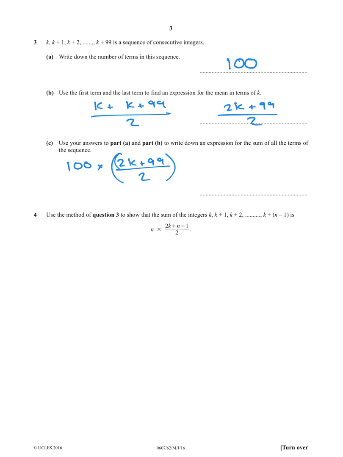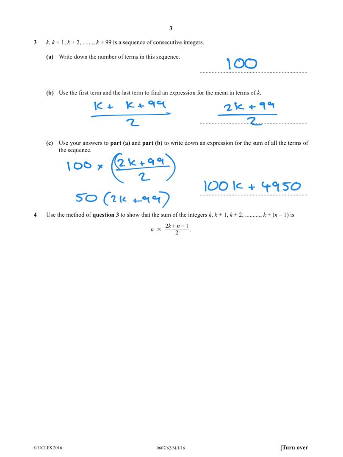So that would be 50 times 2k plus 99. And then if I expand my bracket, I'm going to get 100k. And 99 times 50 is 4950.